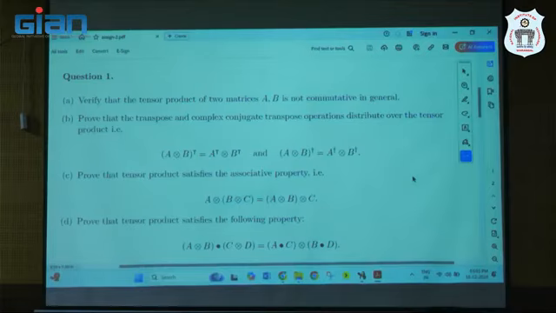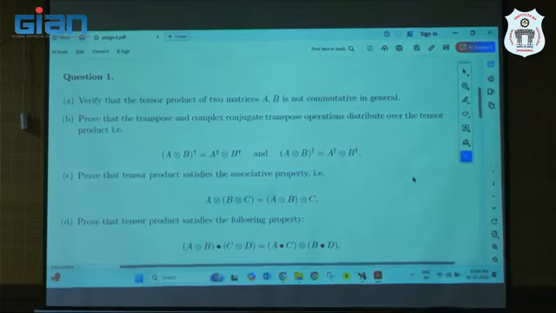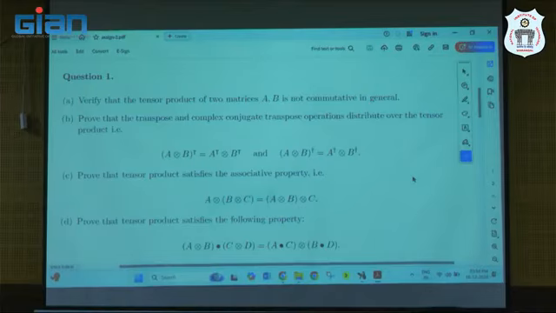I will give you an example; you just verify the product does not commute. I need a volunteer for that. Any volunteer? You will get 1 mark.